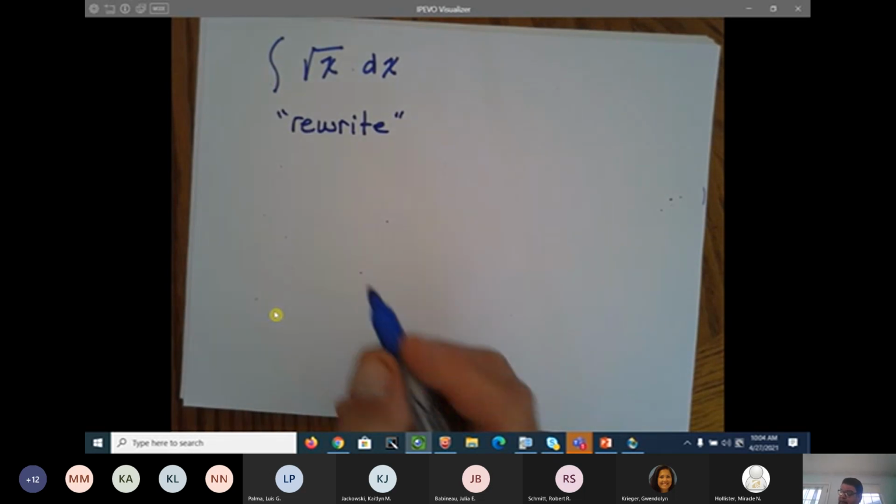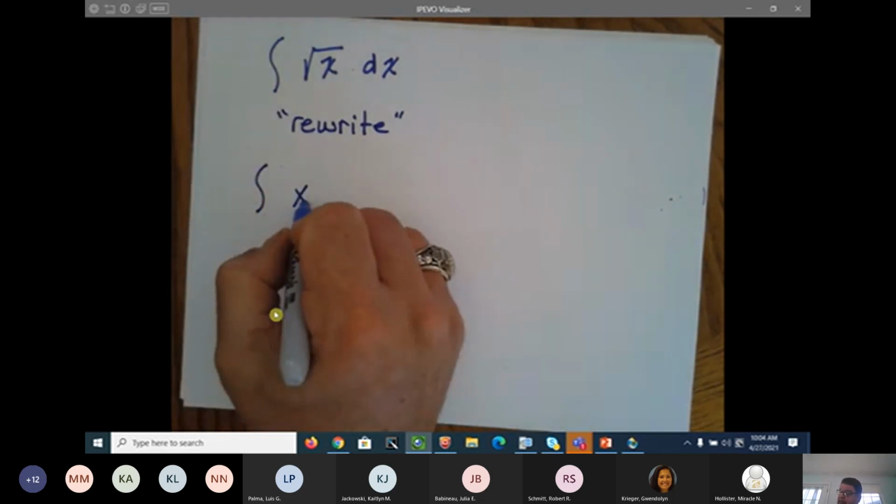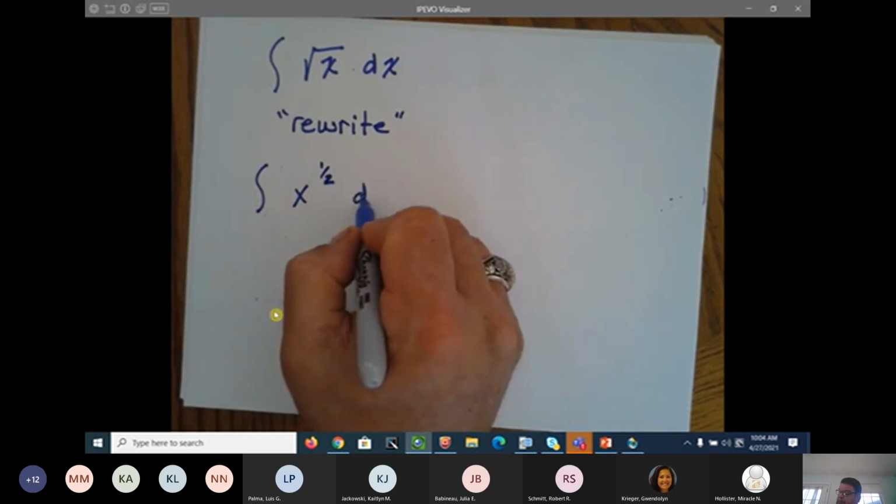So antiderivative of x to the 1/2 power dx.